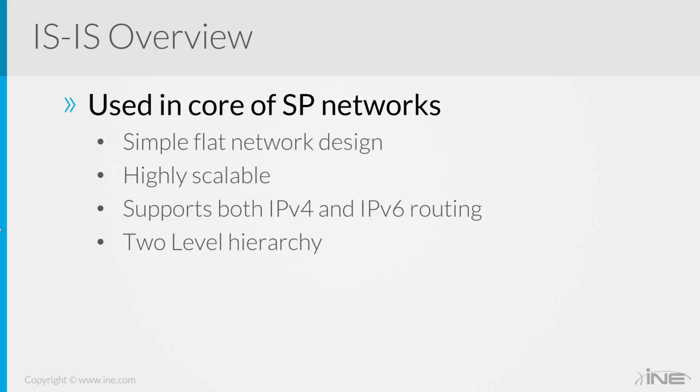So you have the level 2 backbone, and then you have your level 1 non-backbone areas. And you'll see exactly how this comes into play. One of the nice things about IS-IS is the backbone is not tied to the area. The backbone is tied to the level. So when we get into this, you'll see that level 2 is the backbone, and level 1 is basically the stub area, for lack of a better term. And that's basically how this one breaks down.